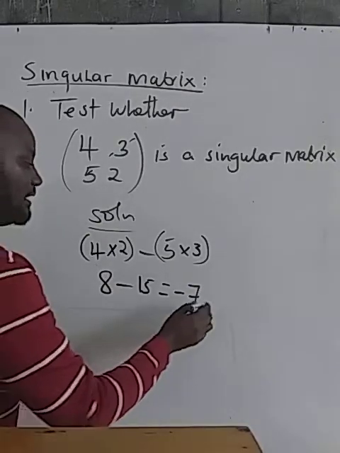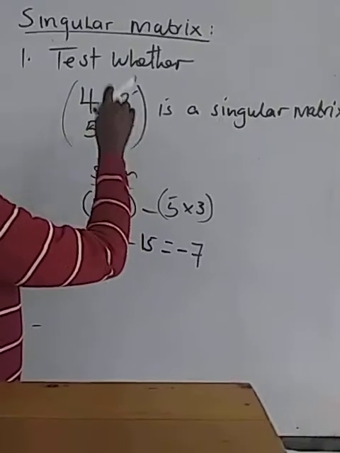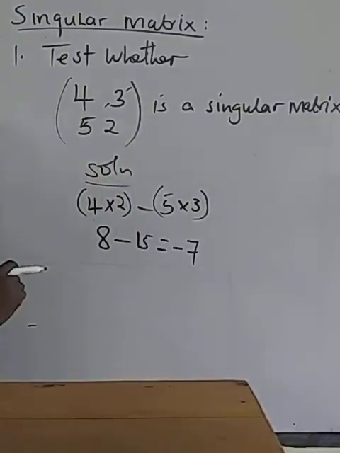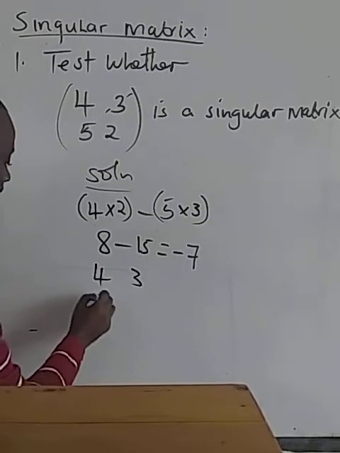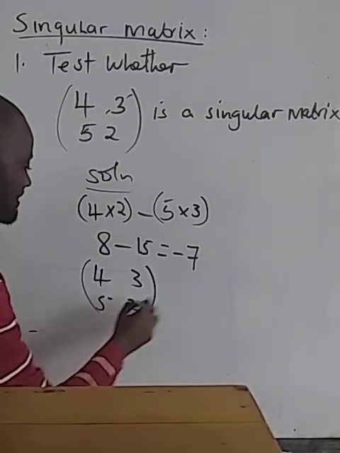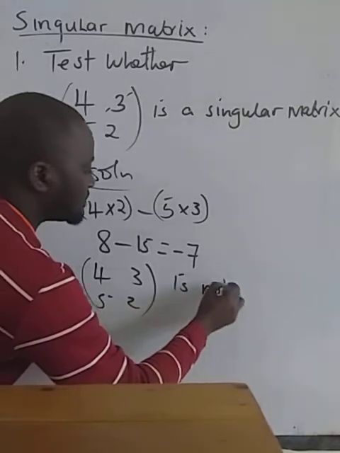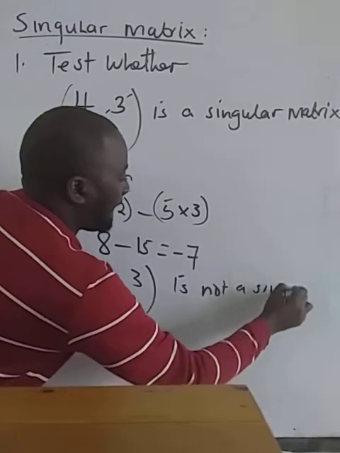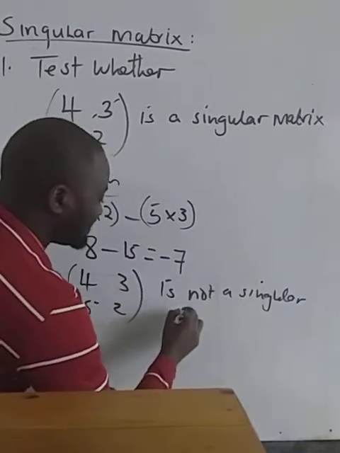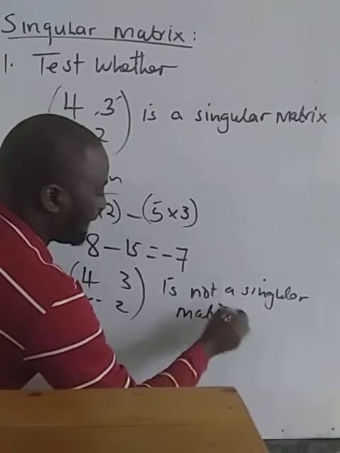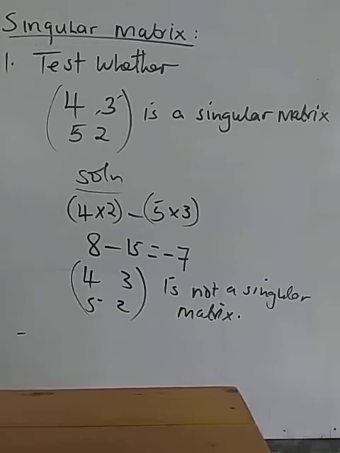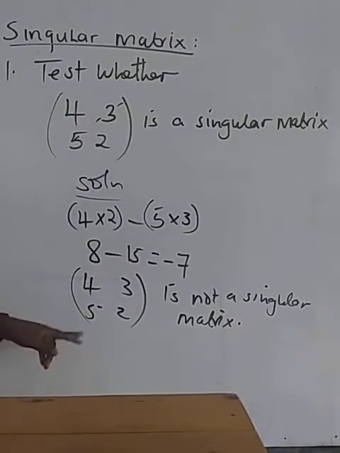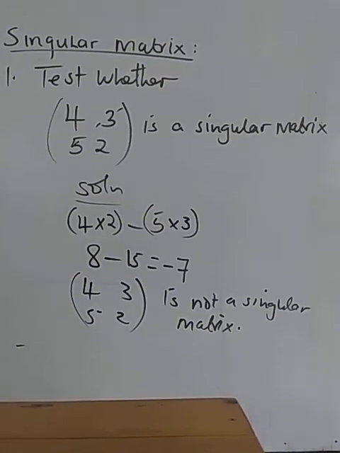That means this matrix is not a singular matrix. We conclude that the matrix 4, 3, 5, 2 is not a singular matrix.